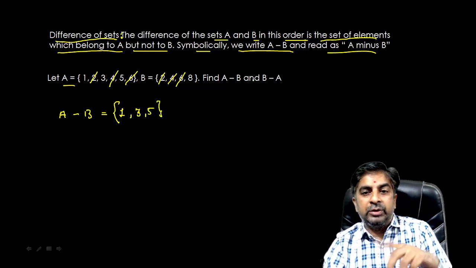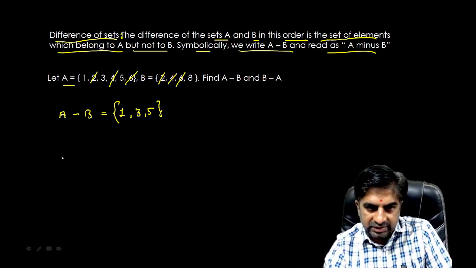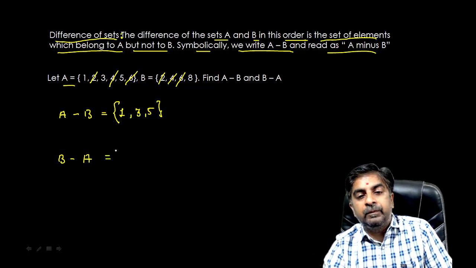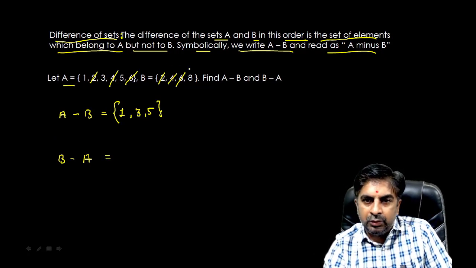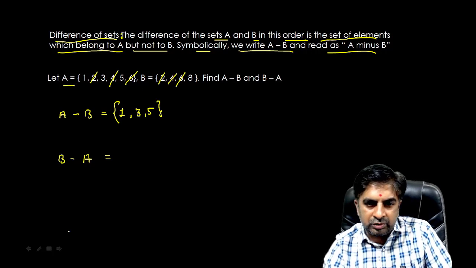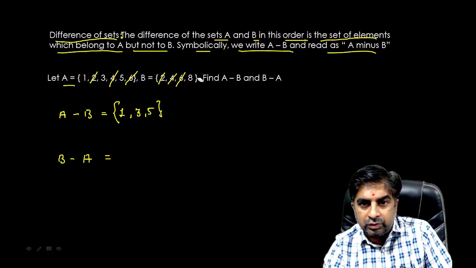Now don't mix this up, guys. Here A minus B is not equal to B minus A. How? Now look here. Now B is your main term. You need to subtract from this. Here A was your main term, so you were subtracting from A. Now here B minus, so you need to subtract from B. Let me erase this.